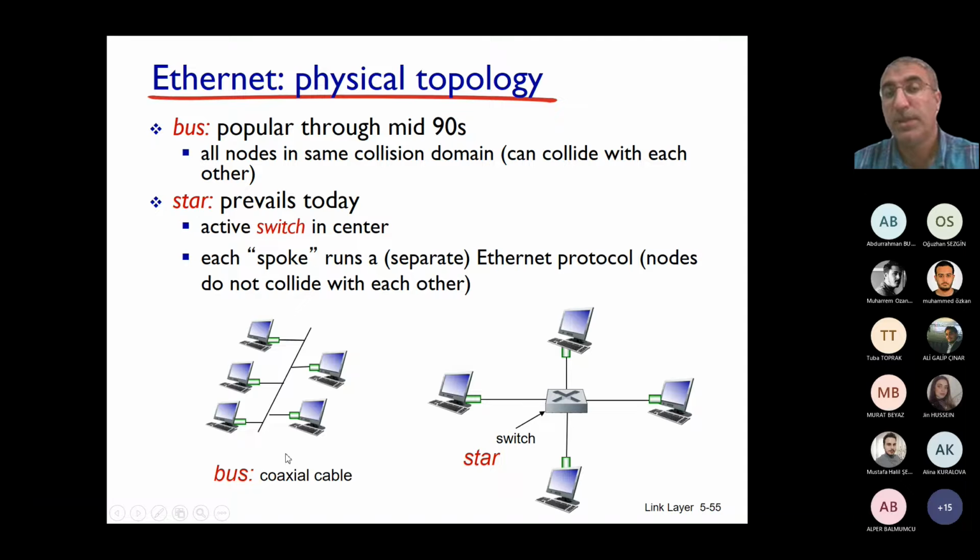That was one main disadvantage of the bus topology. The star topology became more popular and is mainly used in today's technology. In the star topology, we have an active switch in the center, so with these switches all the nodes can talk to each other without collision.